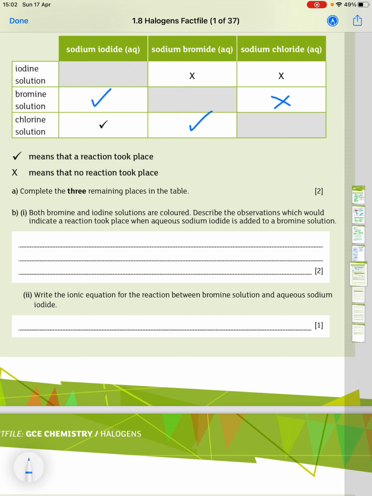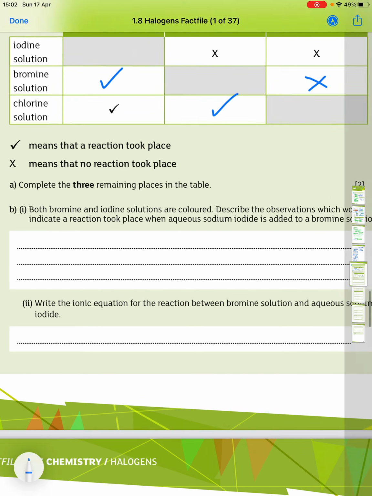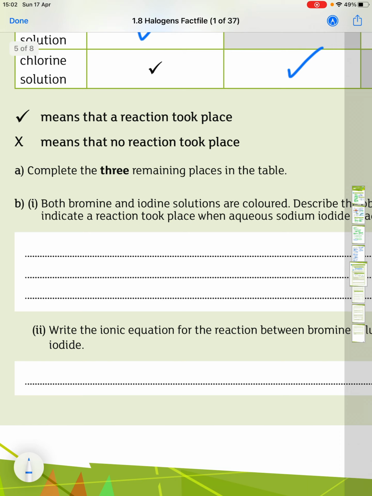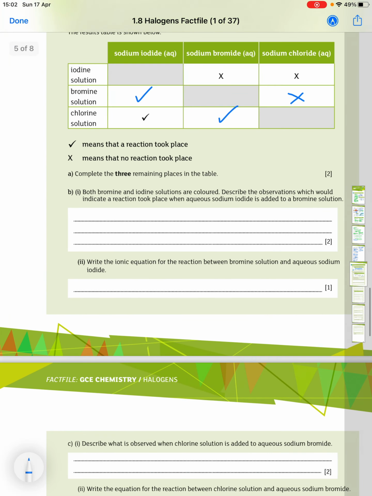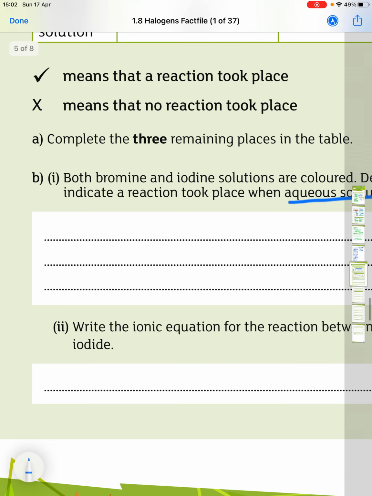Next, both bromine and iodine solutions are coloured. Describe the observations which would indicate a reaction took place when aqueous sodium iodide is added to a bromine solution. So what we're looking for there is that we're adding aqueous sodium iodide to a bromine solution.